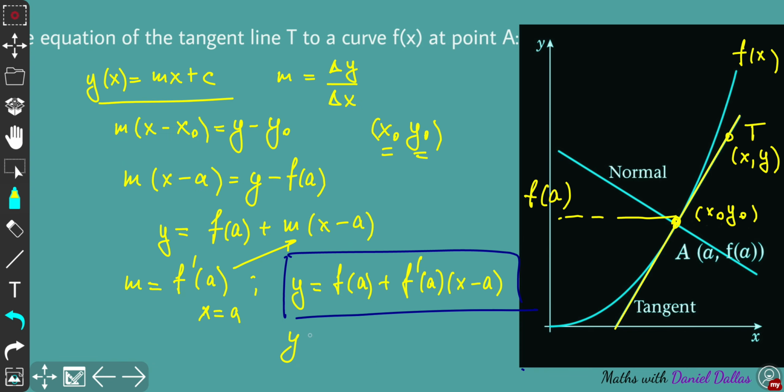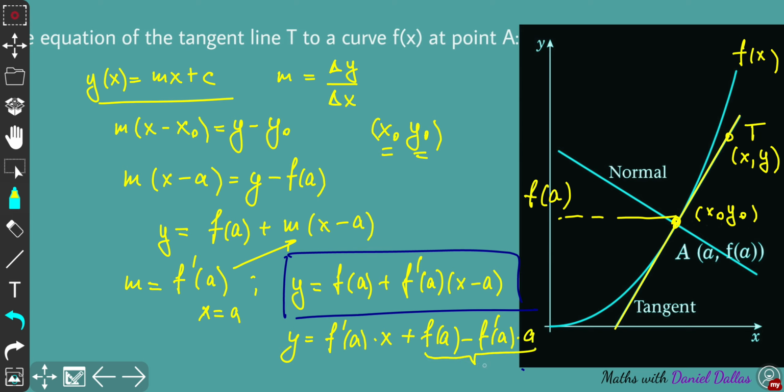So you need to rearrange and expand the brackets in order to say that this is going to be the gradient m times x, and the rest, f(a) minus f prime(a) times a, is going to be the c coefficient.